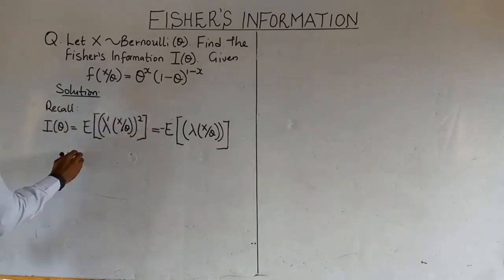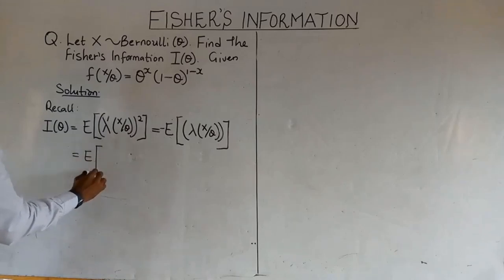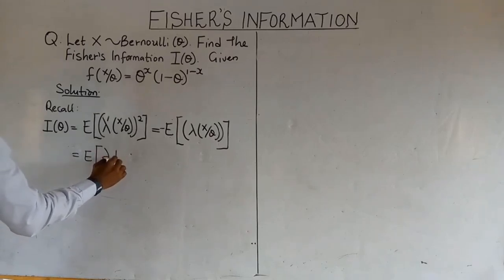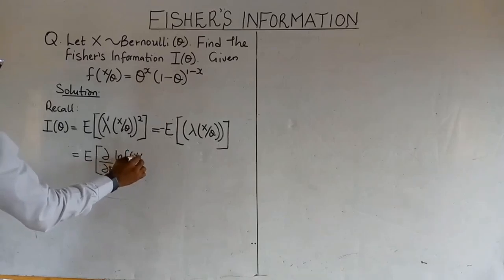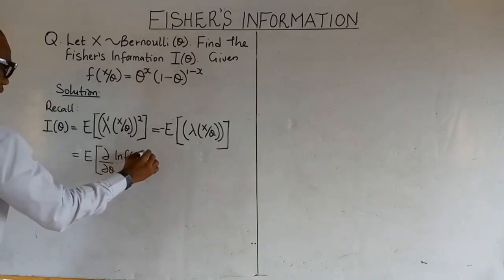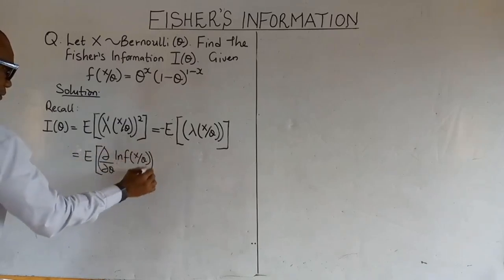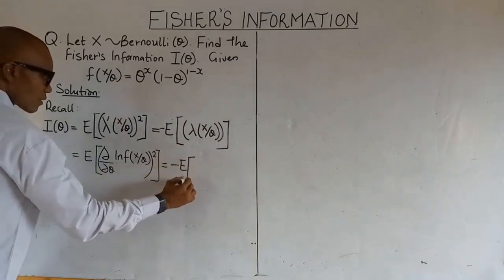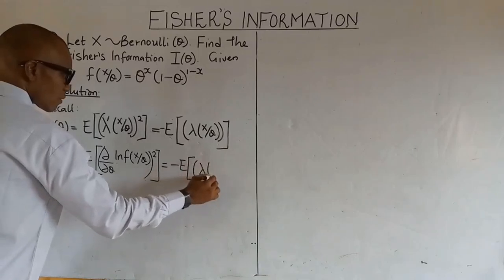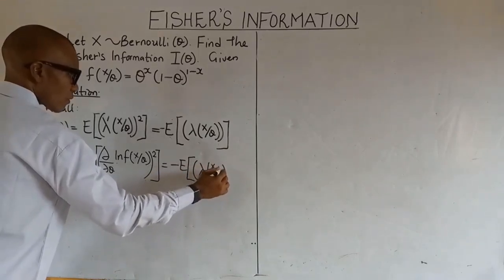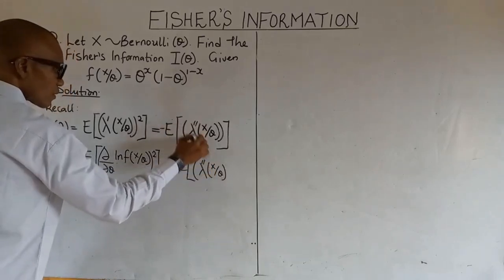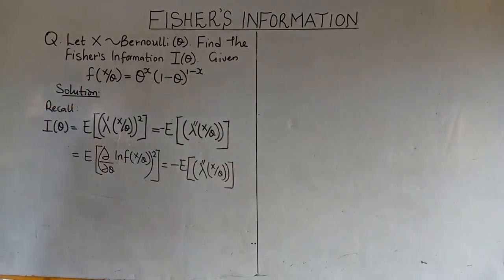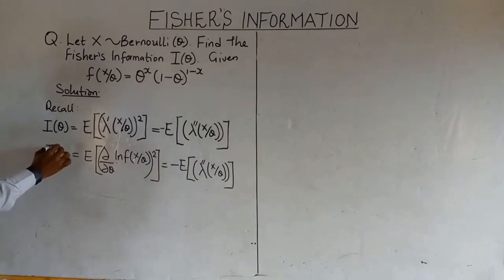And this first one, if you open this, it means the differential with respect to theta of log f of x, all squared. And we reach this. So this is the Fisher's information.